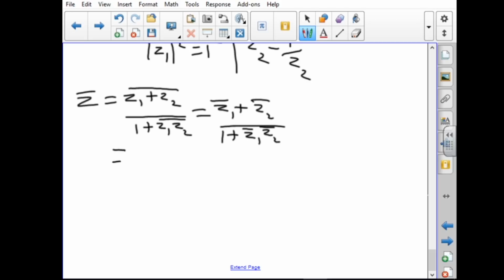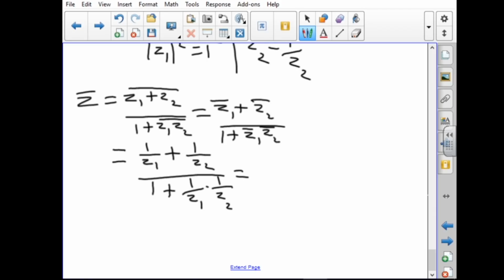We have seen already, Z1 bar is 1 by Z1 and Z2 bar is 1 by Z2. So 1 plus 1 by Z1 into 1 by Z2. Now take LCM.